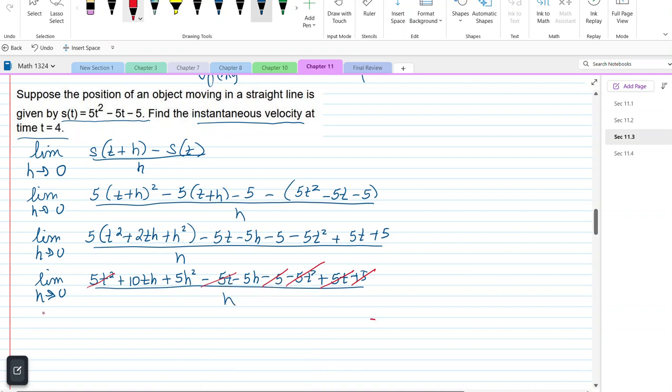So we're going to take the limit as h approaches 0, and I'm going to write it out so that nobody gets lost.